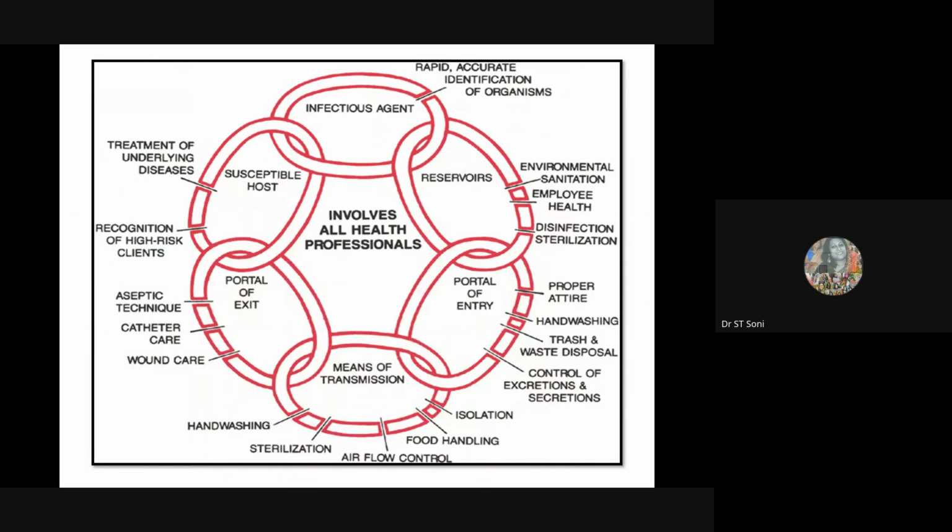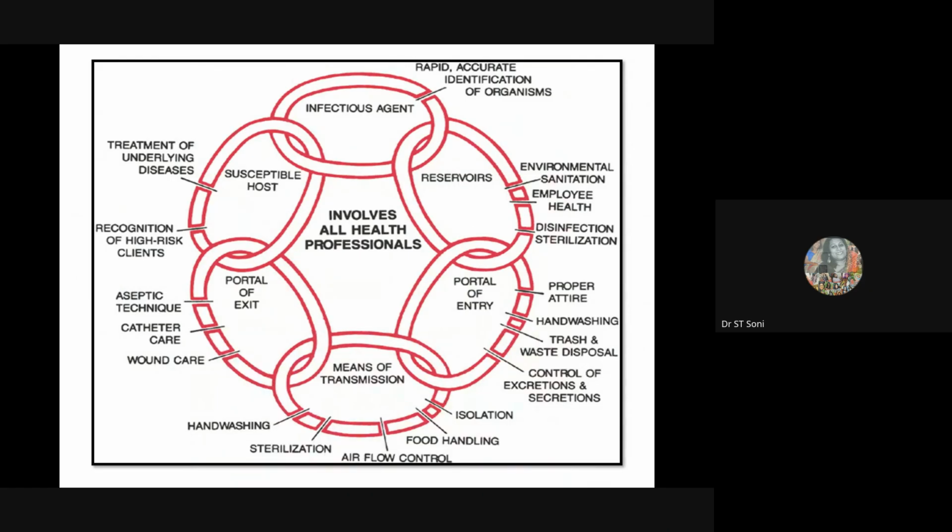Like if we call that infectious agent, rapid diagnosis and killing that organism will prevent other persons from getting infected. Cleaning: they lie in the reservoir, in the environment of the hospital, so cleaning and disinfection also become very important. Sterilization, disinfectant, portal of entry.